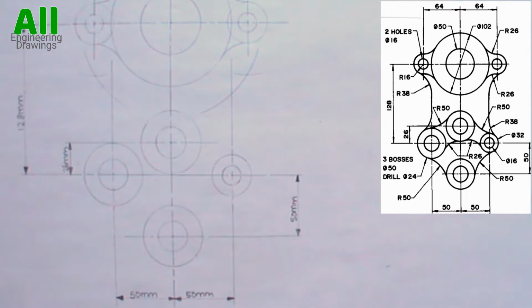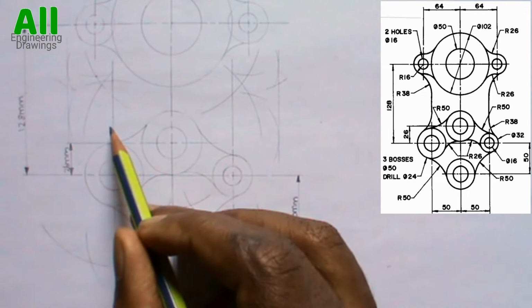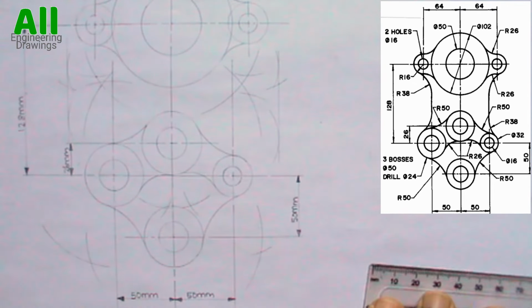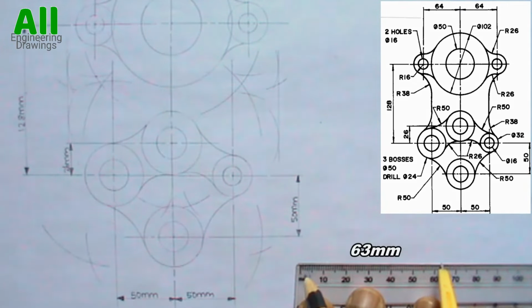Since the radius of this circle here is 25 millimeter and the radius of the tangential arc is 38, I will add 25 plus 38, which will give me 63. So I will adjust my compass to a radius of 63 millimeter. Then I will place my compass on the center of this circle and cut an arc on the parallel line.